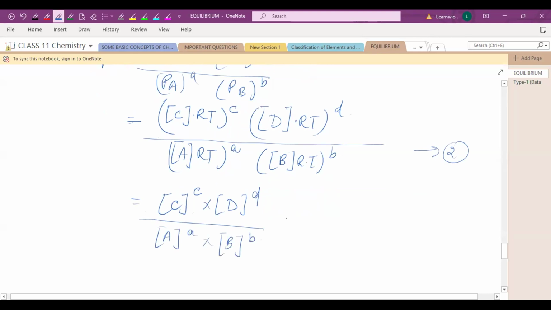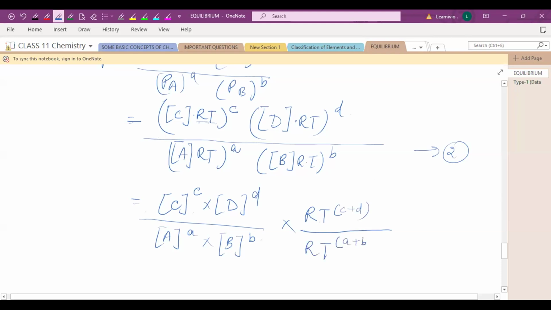And this is RT. When the base is the same and the powers are different, and both are in multiplication, the powers get added. RT and RT are both in multiplication, so according to the exponential rule, we can write RT common with power c plus d. In the denominator also we can write RT raised to the power a plus b.